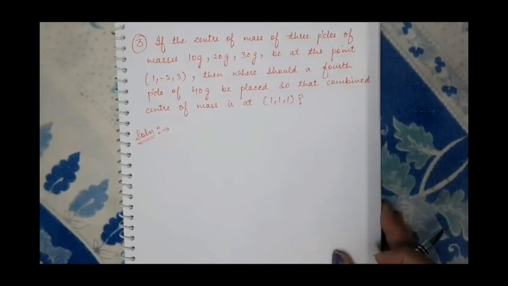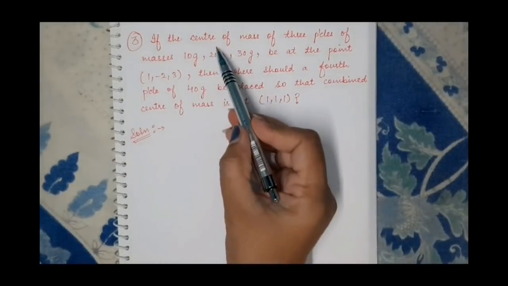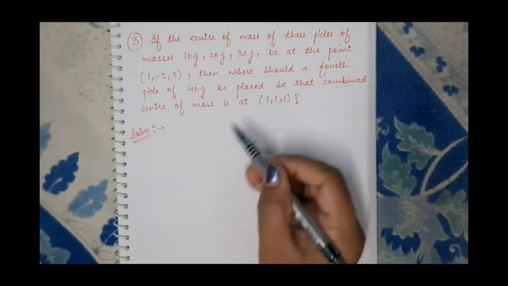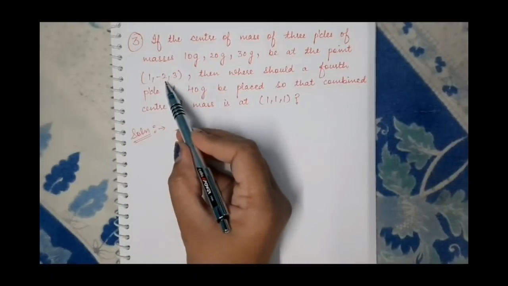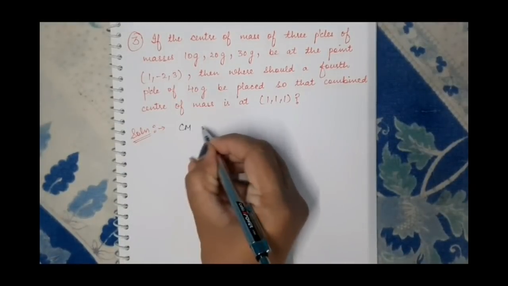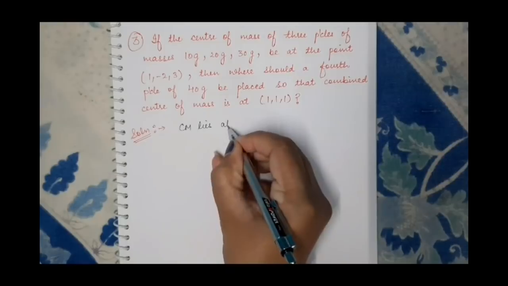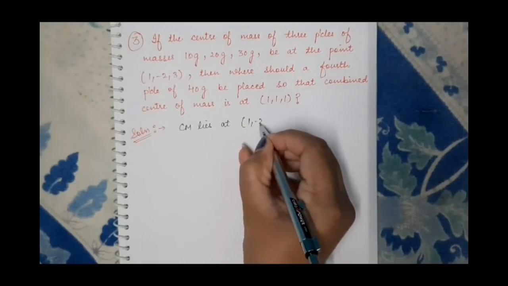So again in the next numerical, center of mass is given of 3 particles and it is at point 1, minus 2, 3. So center of mass lies at 1, minus 2, 3.